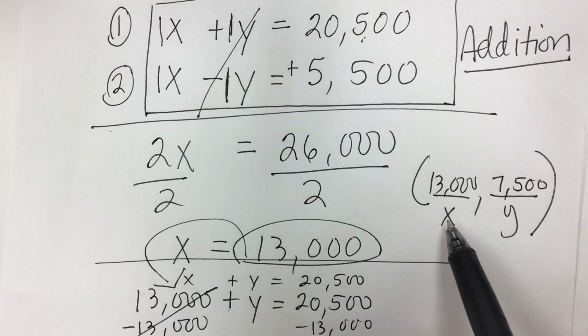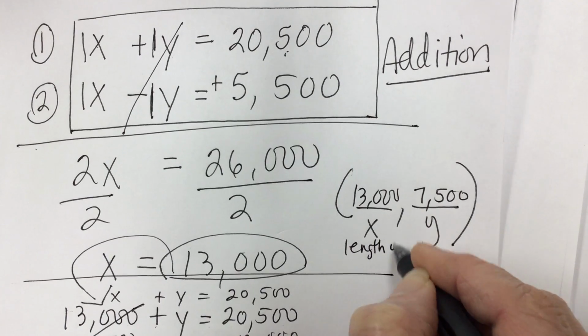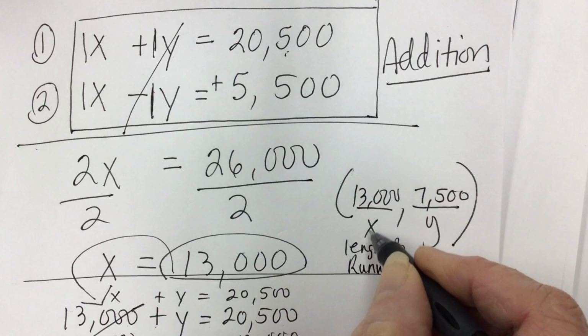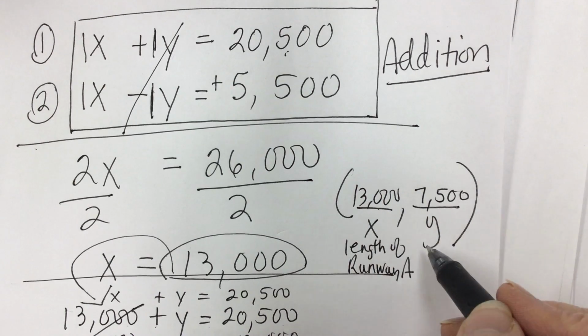So remember, x was the length of runway A. So the length of runway A is 13,000.